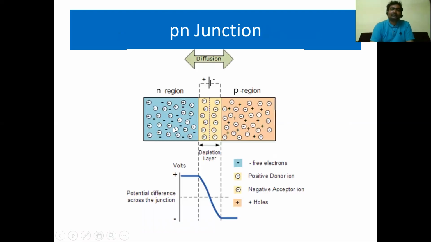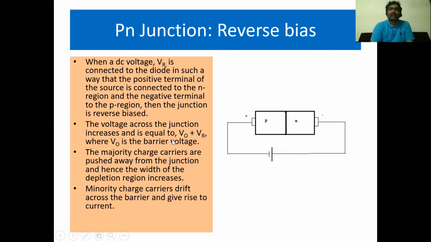This N region is connected to the positive terminal and this P region is connected to the negative terminal, very similar to that of the barrier potential. So the reverse potential adds up with this barrier potential. What happens to this barrier potential? It becomes V0 plus VR. So this reverse bias voltage is added to the contact potential.